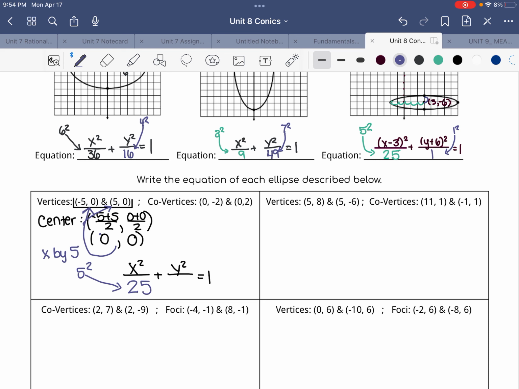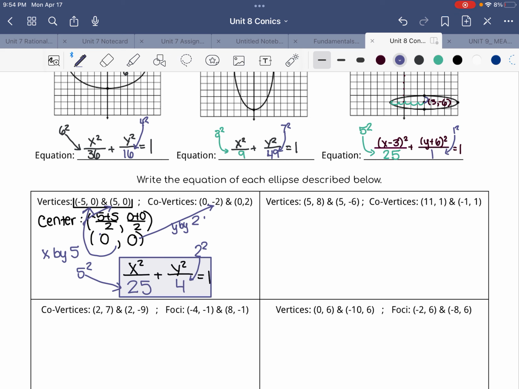And over here for the co-vertices, the distance between the two y values is 2. And again, it's the y by 2. So 2 squared, or 4, goes underneath the y part. And that's pretty much it. There is a lot of counting in your head that makes this a lot easier.